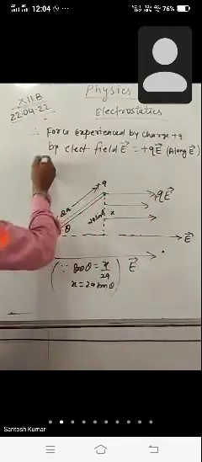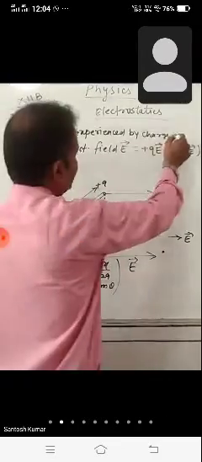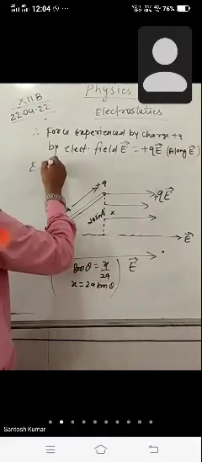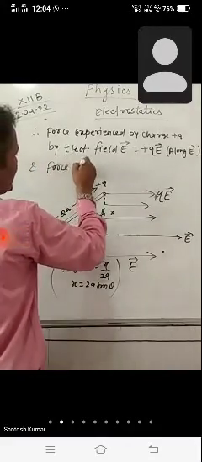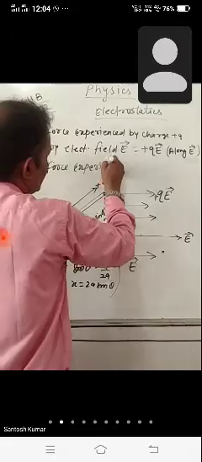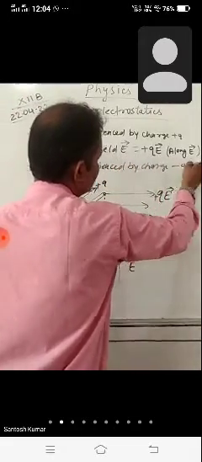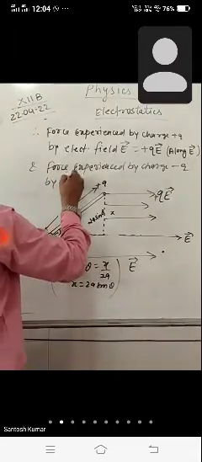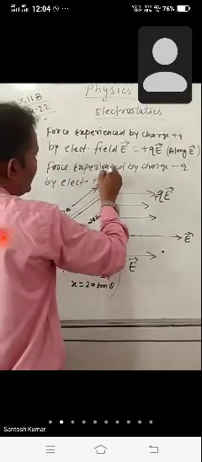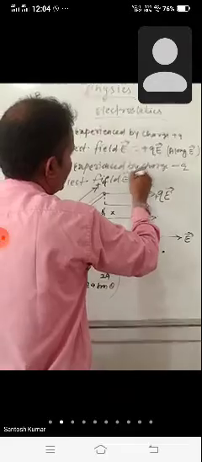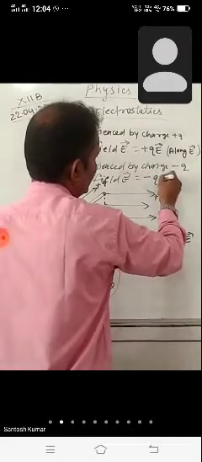Similarly, the force experienced by charge minus q in electric field E is equal to minus qE.